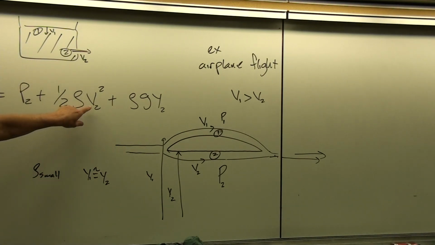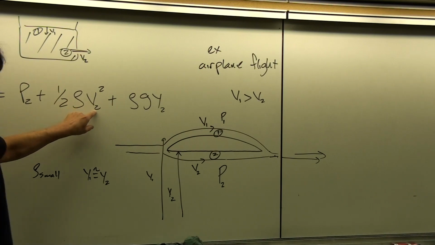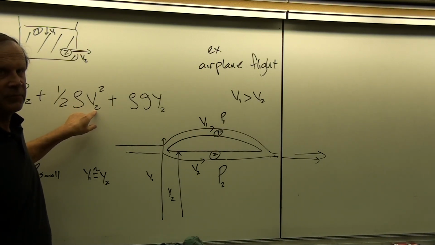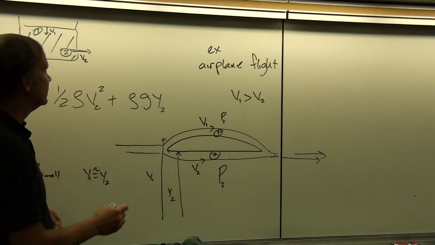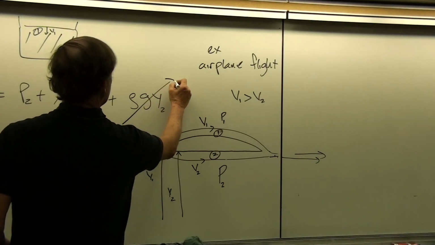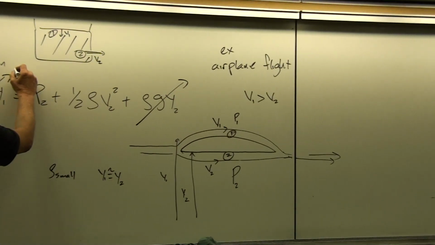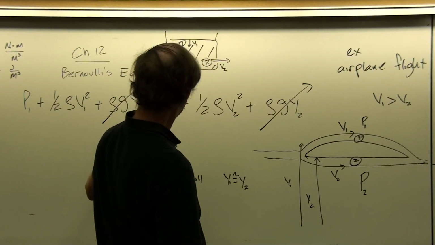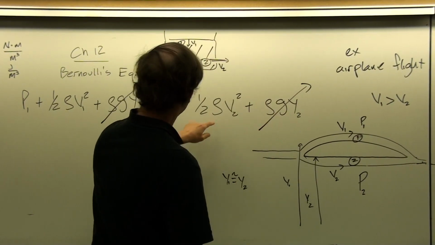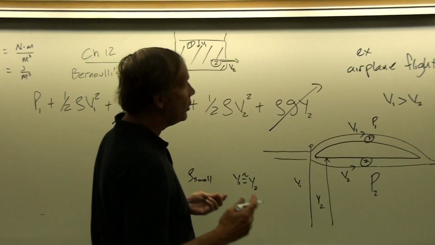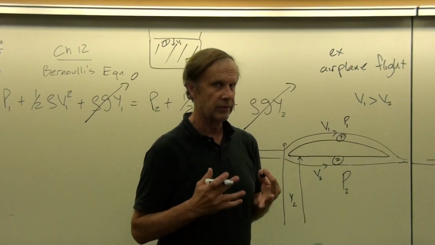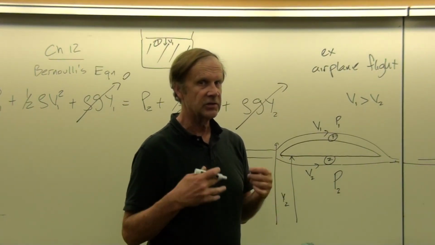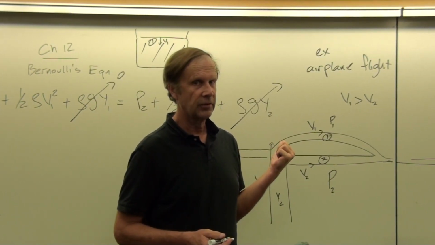Now rho is also in the velocity terms here, but the velocity is big, and then it goes like the velocity squared. So that's really big. Okay? And so because of that, we can throw out these rho gy terms for airflow. Okay? Just because they're small in relationship to these other terms. That won't be the case when we get to a liquid fluid. But for a gaseous fluid, we can throw out the rho gy terms.